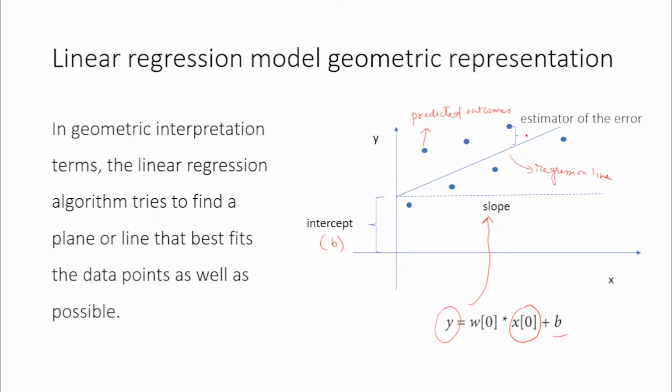I think you have already come across this equation in high school as the slope intercept form, where y equals mx plus c, where c was the y intercept and m is the slope, right? So this is the slope intercept form that we got in our high school mathematics.